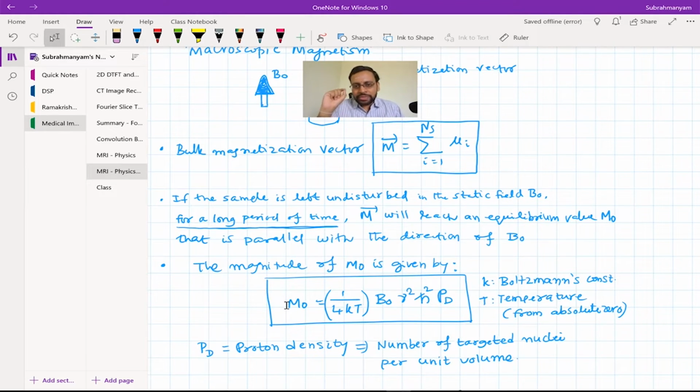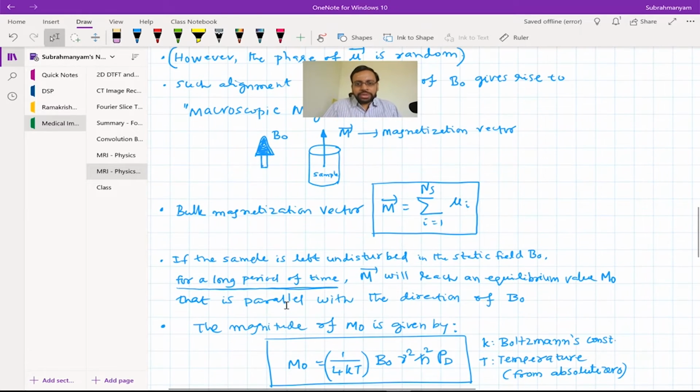Again, we will not go into the derivation of this because it would require us going through a lot of physics, so we would like to deliberately avoid that. We will just see the interpretation of this equation, and that is what we would focus on here. The statement we are making is that you have a sample and you are applying a magnetic field in one direction, that is, in the z direction.